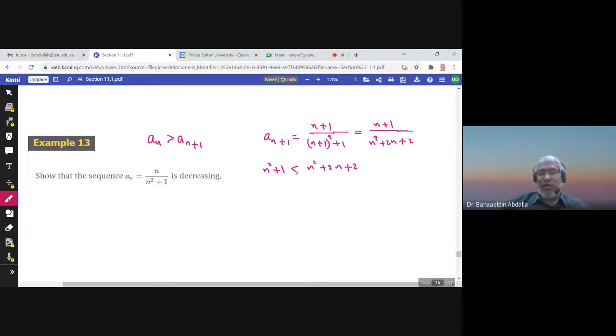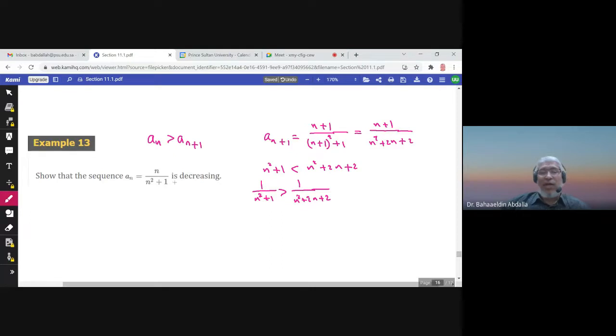Of course, this is less than, because this is n squared plus 2, and this is positive. Now, if I find the reciprocal, then 1 over n squared plus 1 is greater than 1 over n squared plus 2n plus 2.